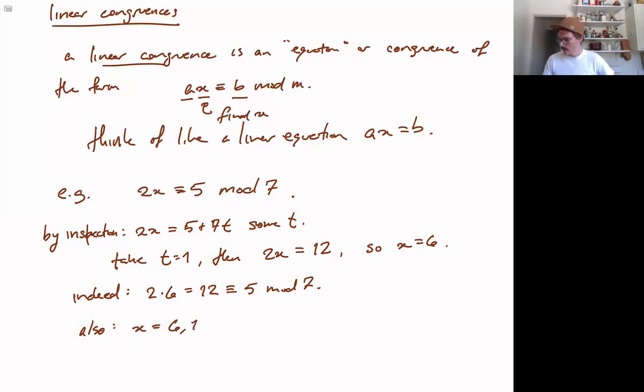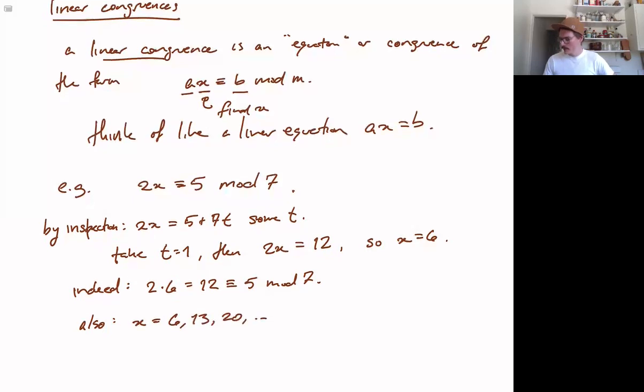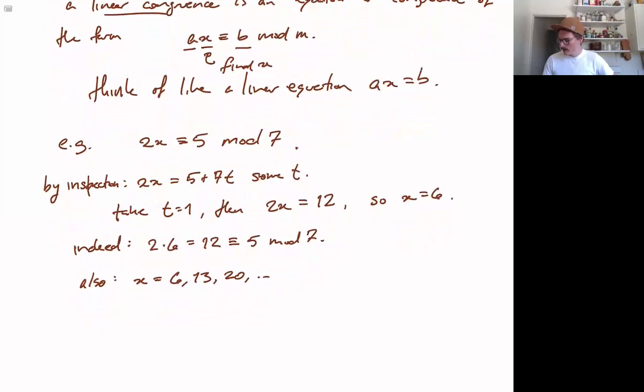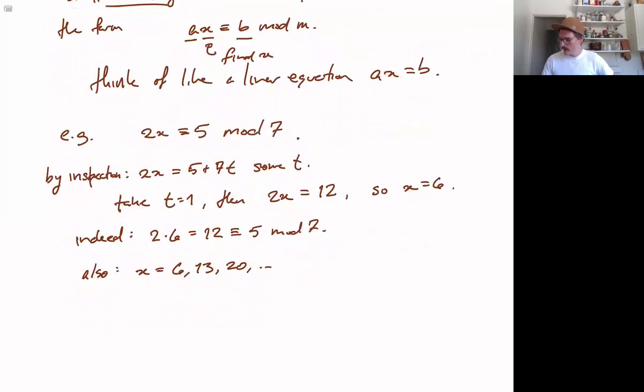I think it's 13, or 20, or so on. And let's just check this. 2 times 20 equals 40. And this is also congruent to 5 mod 7, because 35 is a multiple of 7. Cool.